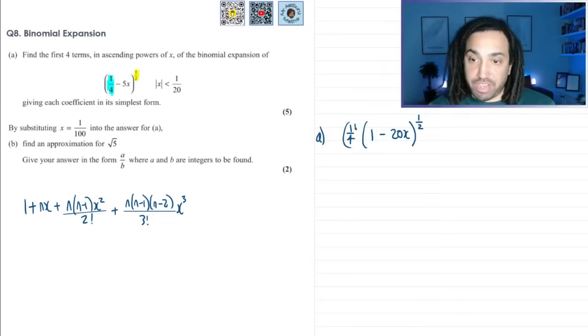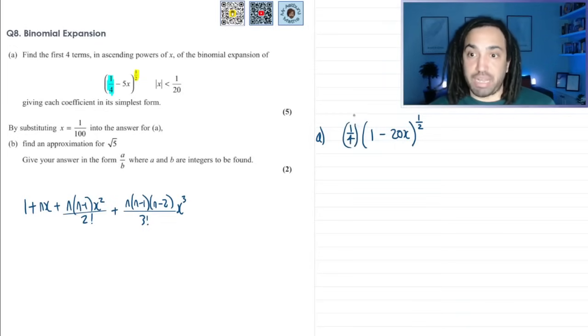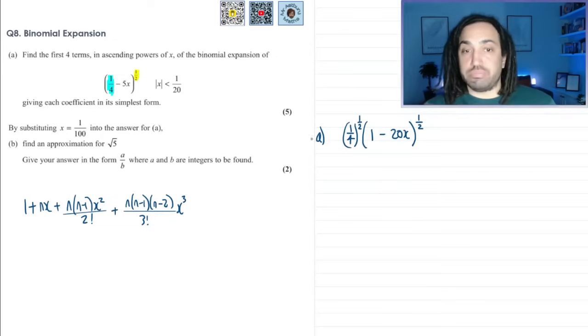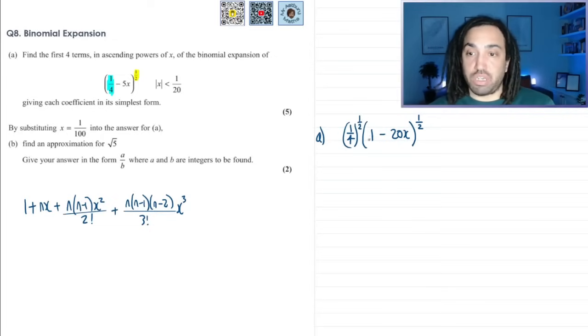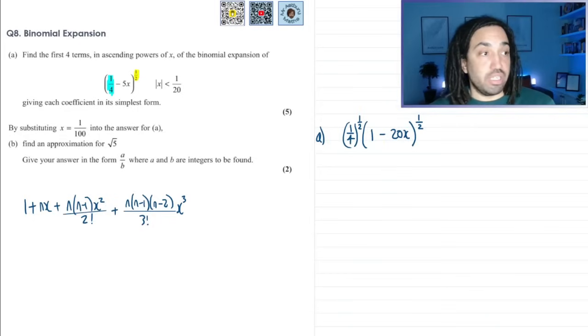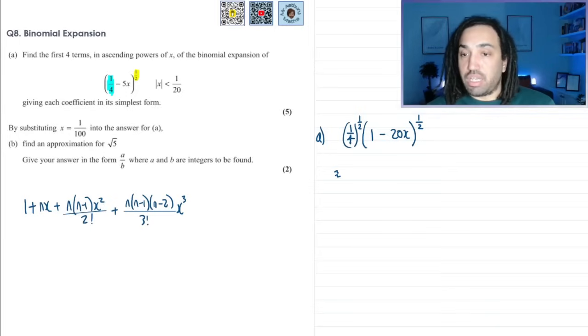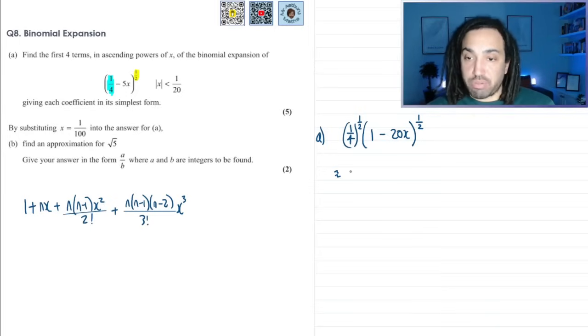Okay. But this is to the power of a half. When you take out a factor of a bracket which is raised to a power, we have to take the power out with it. So we've got here a quarter to the half and then multiplied by this. And that is now in the perfect form for us to use the binomial expansion. So we can say that is approximately equal to a quarter to the power of a half, which is the square root of a quarter, which is a half.